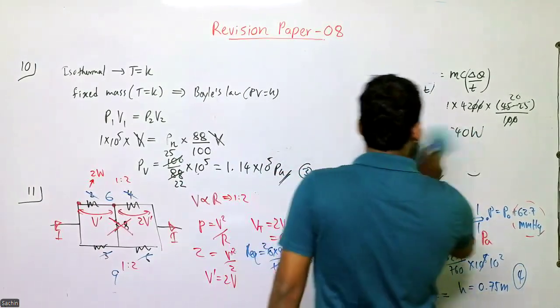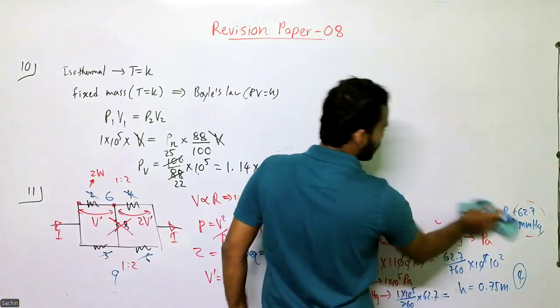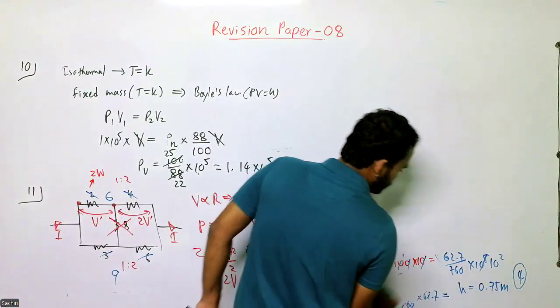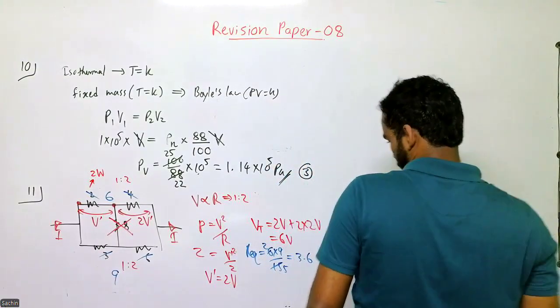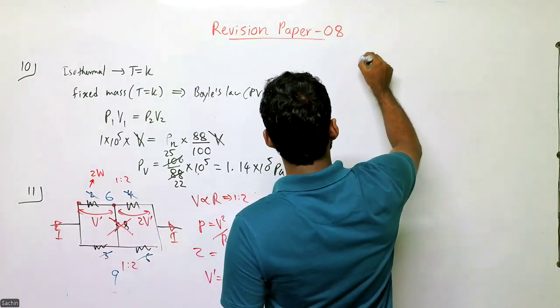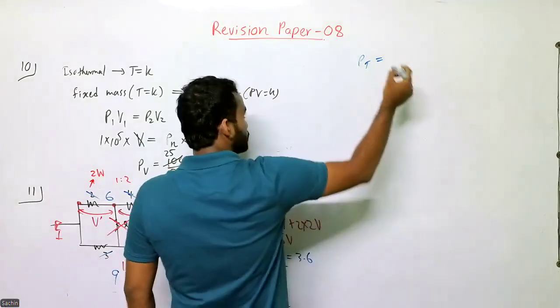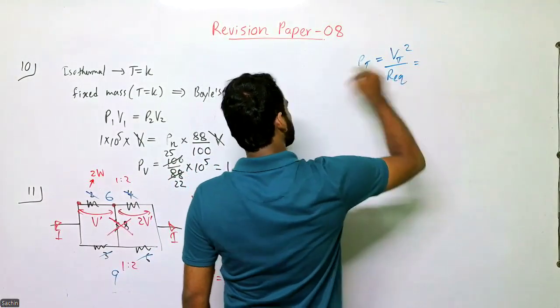You got all the required information to calculate the total power. Just evaluate it. So the total power is equal to the total voltage squared divided by the equivalent resistance.